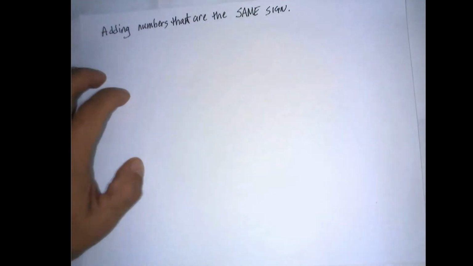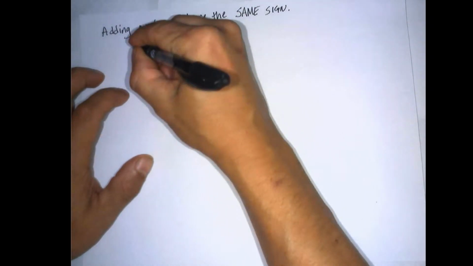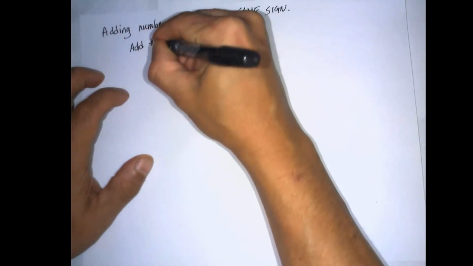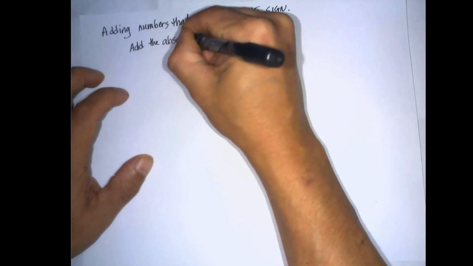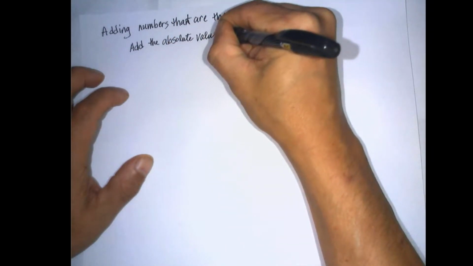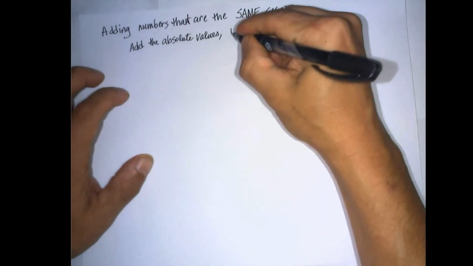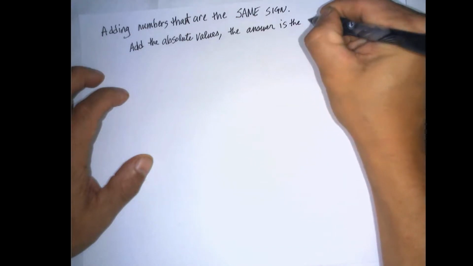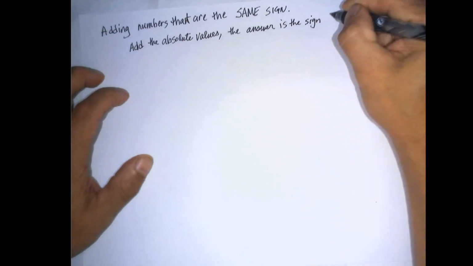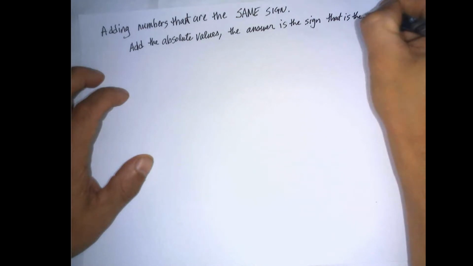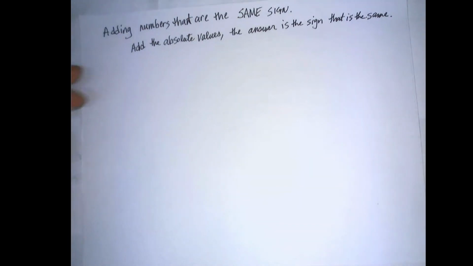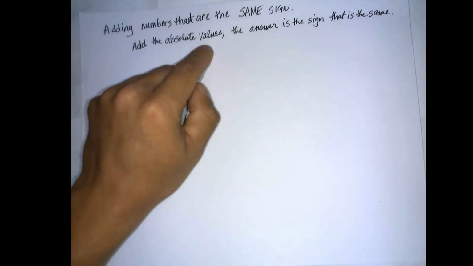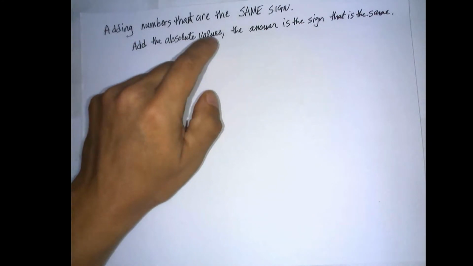Okay. So if they are the same sign and we're adding them, we add their absolute values, and the answer is the sign that is the same.